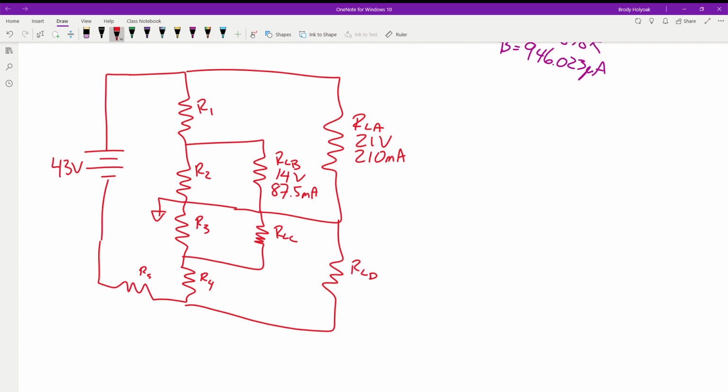C is 9 and 75. Our load D is 14 and 46,667.